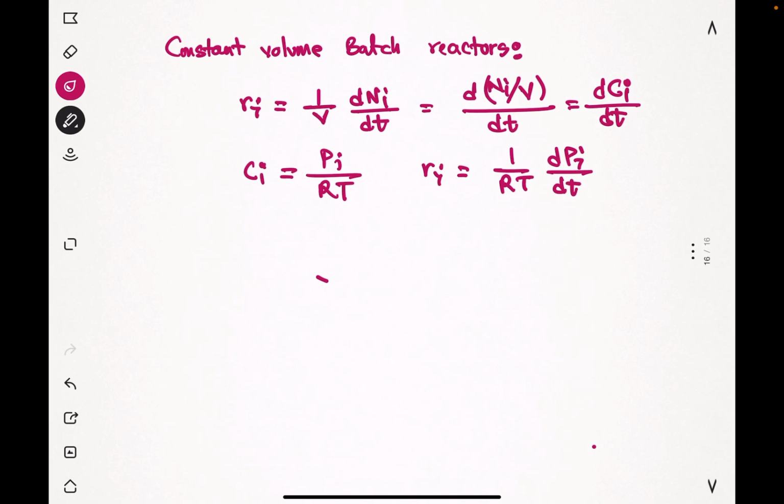So for gas phase reactions, by measuring pressure, we can easily calculate our reaction rate. We do not need to always measure the concentration. Now, let's look into the two reaction progression variables we discussed earlier. One of them is the conversion, and the other is the extent of reaction.